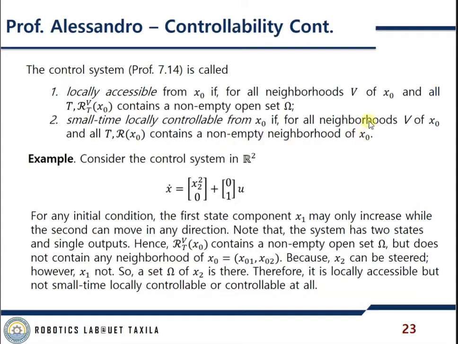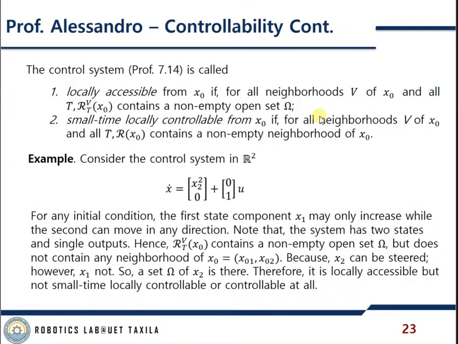So basically it contains a neighborhood of x naught, and it is contained within v. In the other case, an open set omega is enough. So there is a difference. Some of the trajectories can go up, but here in this case, this is not possible.